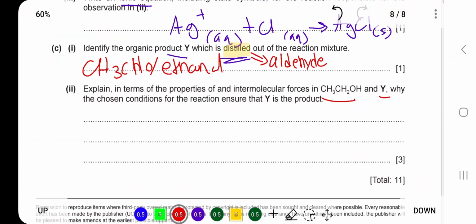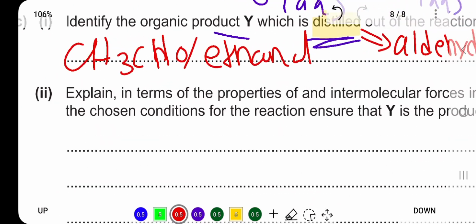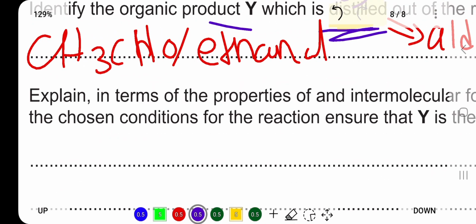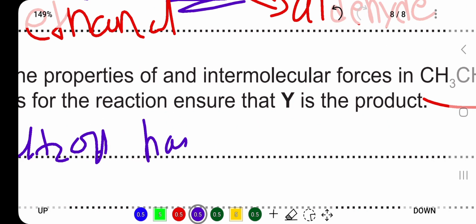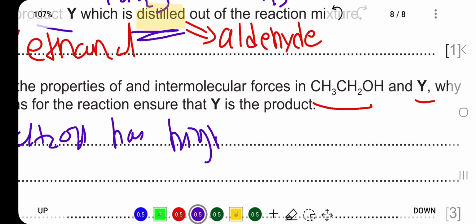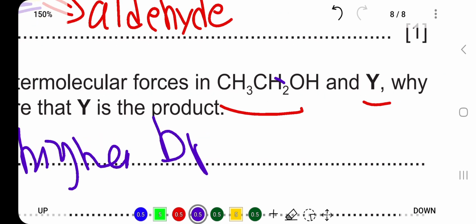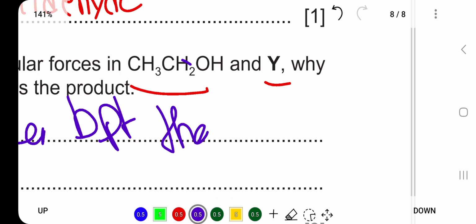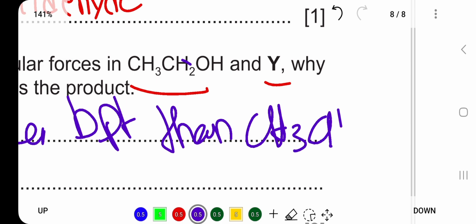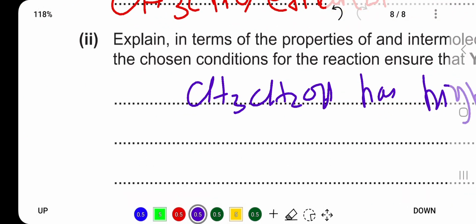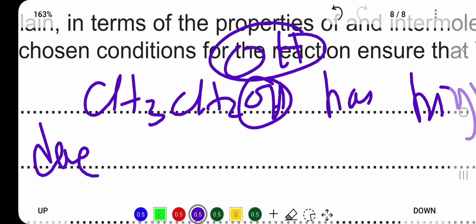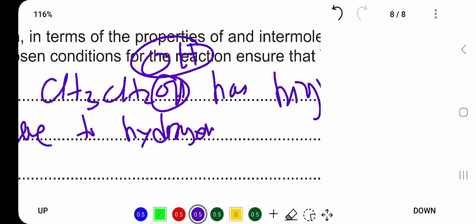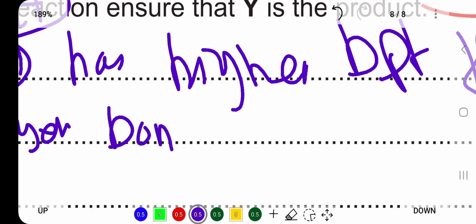First thing you should know is that the alcohol CH3CH2OH has a higher boiling point than the ethanal. Why? Because the OH here forms hydrogen bonds, and hydrogen bonds are the strongest among the intermolecular forces, which you should learn.